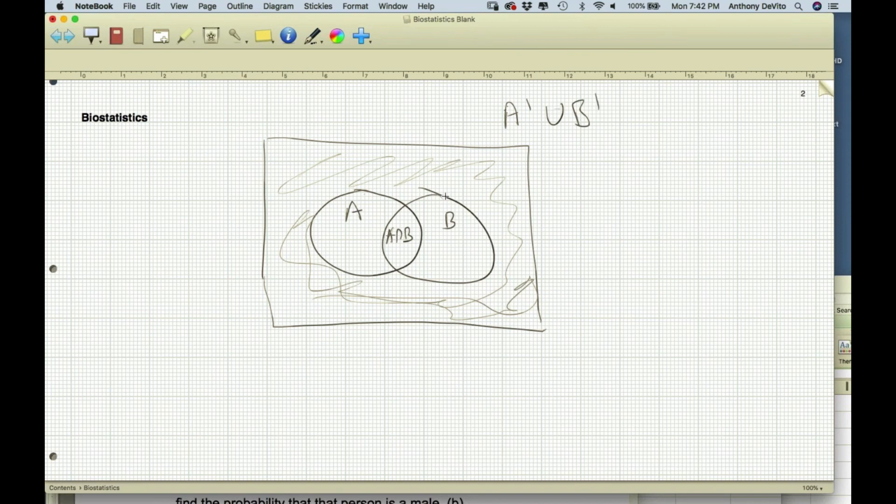Because if we just said not A, it would include B. If we just said not B, it would include A. So it's got to include both those conditions. So it has to be both not A and not B. So this area out here would be A complement intersection B complement. Okay? So basically, all the complement really represents is does not include that area, that probability. Okay.